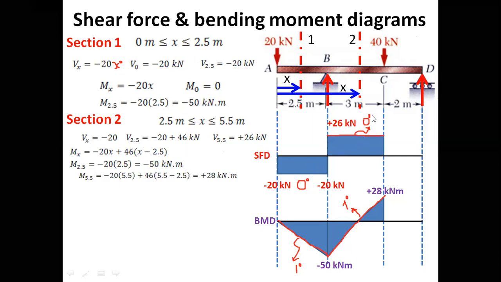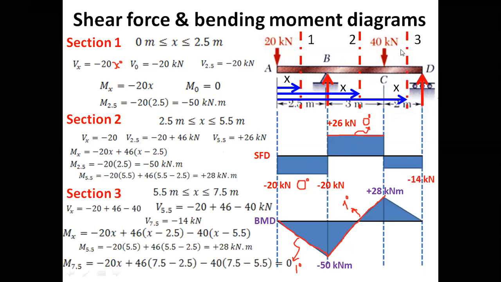Next, if I move this section here, nothing is happening. But when I reach C, I see a 40 kilonewton discontinuity of the force, which means that my section 2 would only work from 2.5 meter to 5.5 meter. So we have to take another section to further solve the problem.